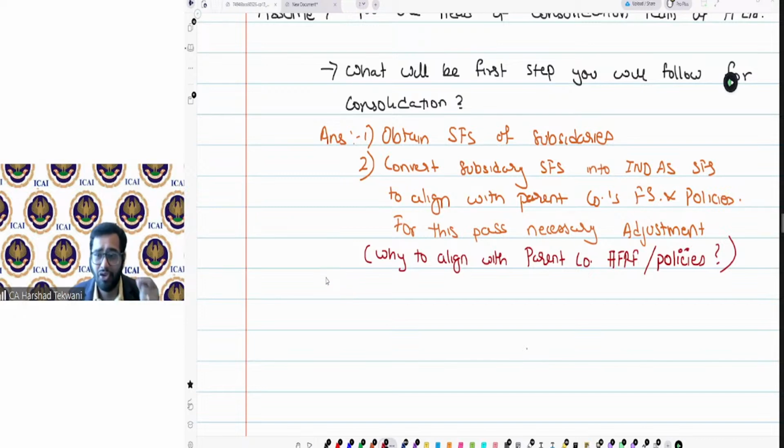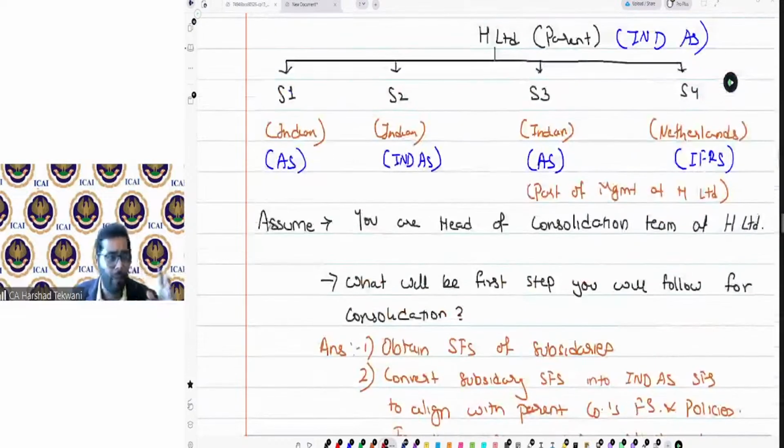So I'm saying, why shouldn't I prepare the CFS as per the subsidiary? Let's say I'm taking S1, which is an Indian subsidiary, already preparing financial statements as per AS. Why can't I convert H Limited, S2, S3, S4 financial statements into AS? Why should I prepare in NDS?